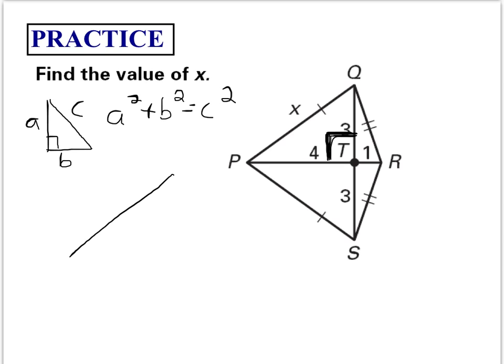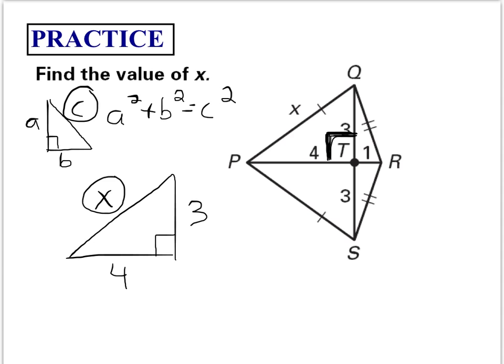So I'm solving for x. I know that this bottom side is 4, this top side is 3, but I want to solve for x. So I set up the Pythagorean Theorem. I know that my x is basically going to be the equivalent of c. It needs to be the hypotenuse equaling c.